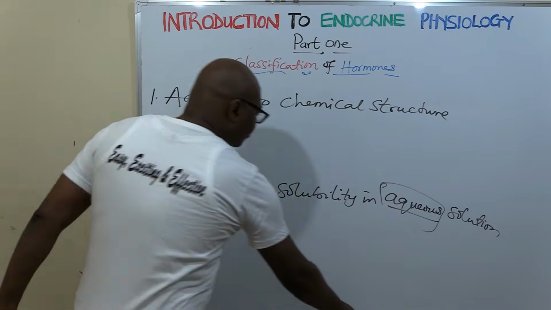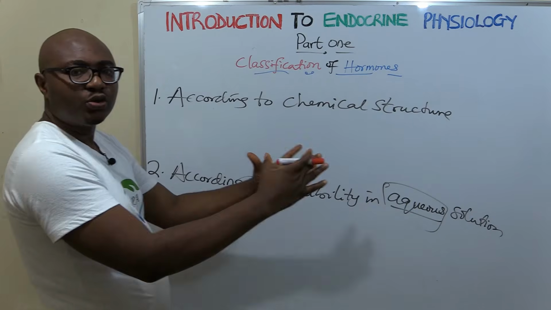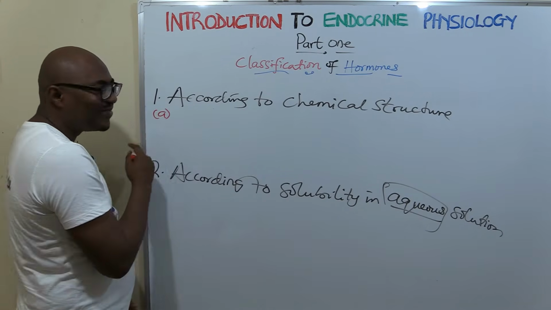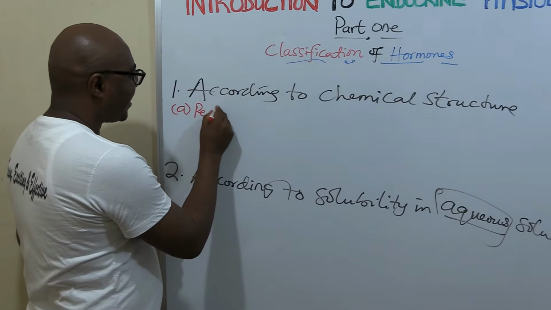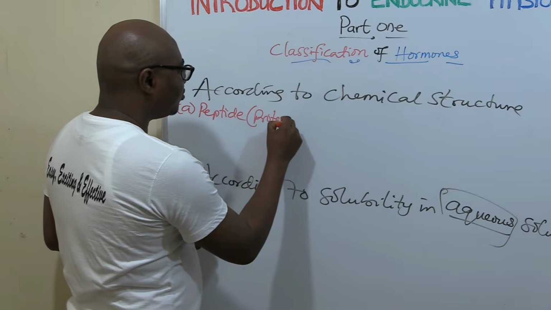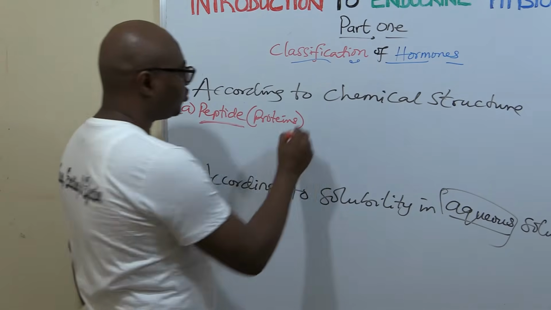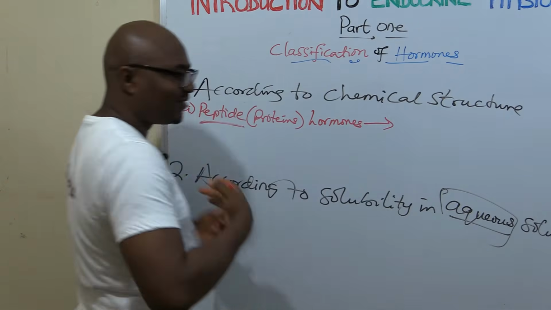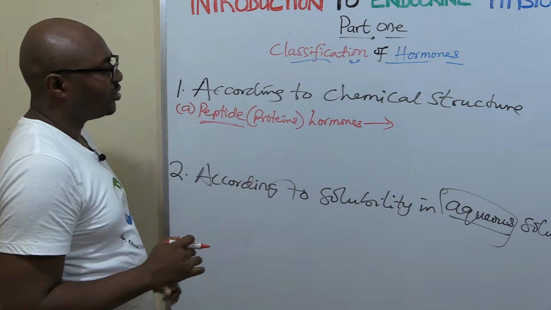So now let us start with this. According to their chemical structure, you have three types. One of them, you have peptide hormones. You can also call them protein hormones, or usually just stick to peptide hormones. Of course you know that they are synthesized from amino acids.